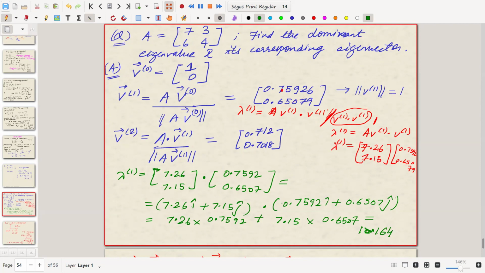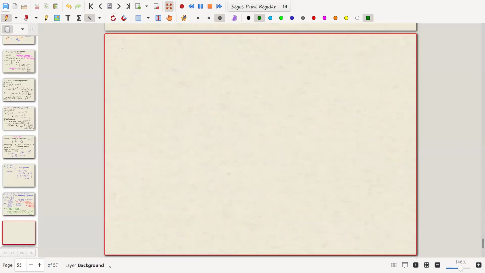Can you see what is going to happen in the second iteration? Try to see. It will be much closer. Can you do the second iteration? What should be the second iteration? V2, right? V2 should be A multiplied with V1. What do you get? Tell me. And corresponding to this V2, what should be the lambda 2, the eigenvalue?